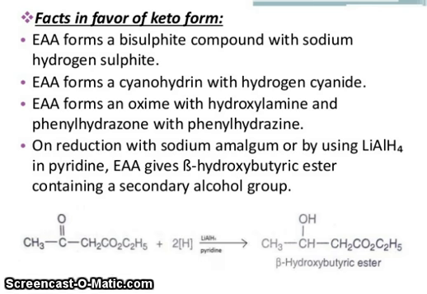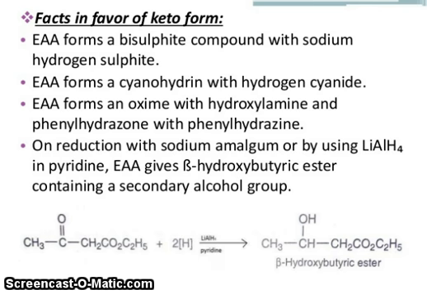Facts in favor of the keto form. Ethyl acetoacetate forms a bisulfite compound with sodium hydrogen sulfite. Ethyl acetoacetate forms a cyanohydrin with hydrogen cyanide. It forms an oxime with hydroxylamine, and a phenylhydrazone with phenylhydrazine. On reduction with sodium amalgam or by using lithium aluminum hydride in pyridine, ethyl acetoacetate gives a beta-hydroxybutyric acid ester containing a secondary alcohol group.